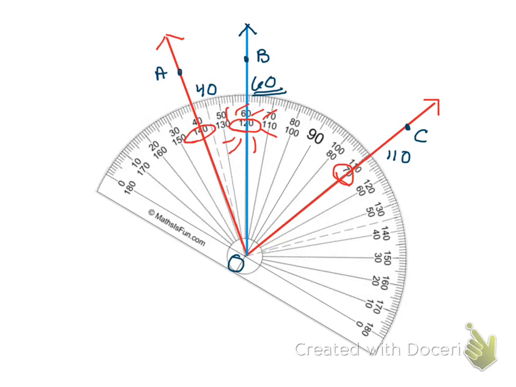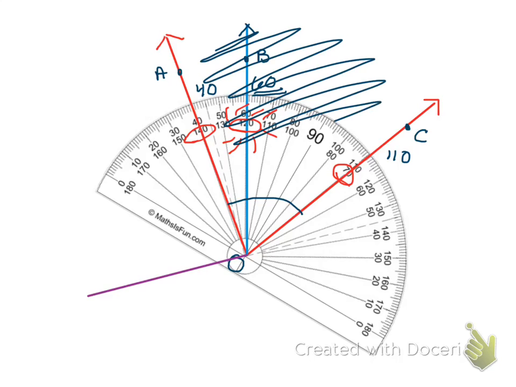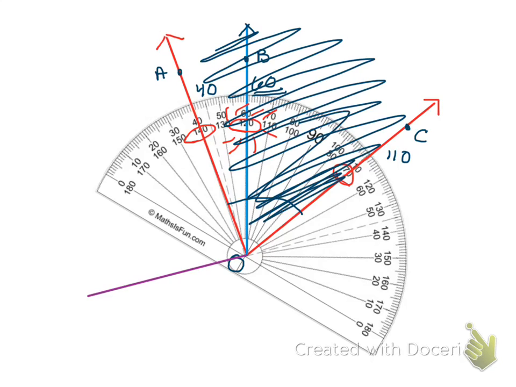Now, one thing you have to be careful of is if I was to draw my ray so it was going out here, that ray would not be considered between these 2 rays because it's not in the same half plane. In order to be between, you have to be in the 180 degree or less space. Okay? That's for betweenness.